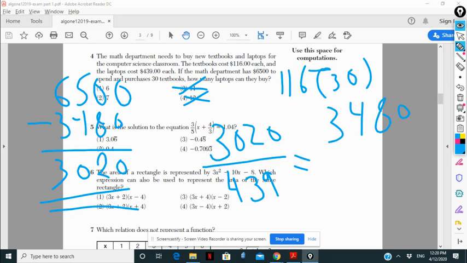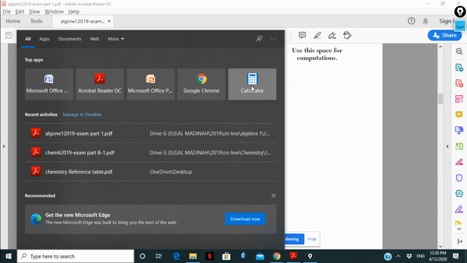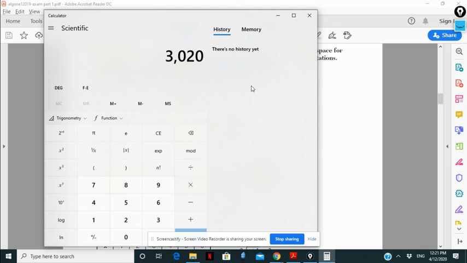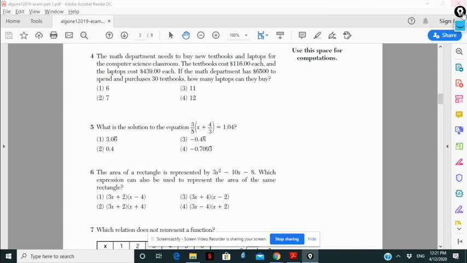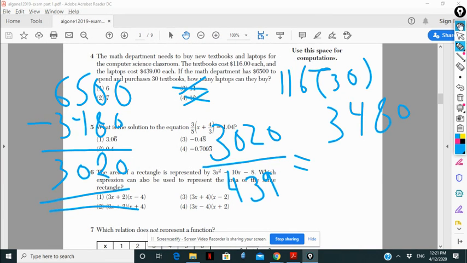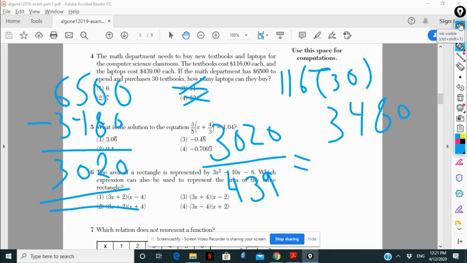Now it's going to be either 7 or 6, so I'm going to use the calculator. 3,020 divided by 439 gives me 6.87, but I can't round up because you can't spend more than the amount of money. So the answer should be 6, so it's number 1.